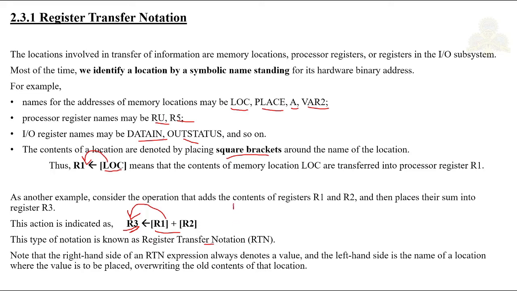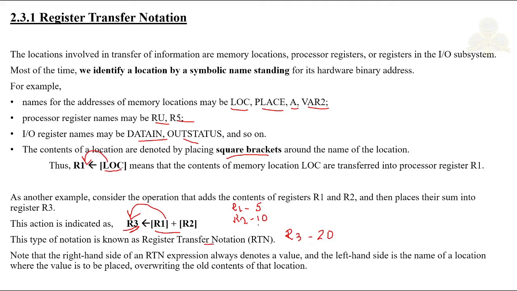So what happens, say suppose register R1 is having a value 5. Okay. Then we have register R2 which has a value 10. Okay. Say suppose R3 contains a value, say 20. Okay. Now once this operation is performed, it says the content of R1, that is 5.